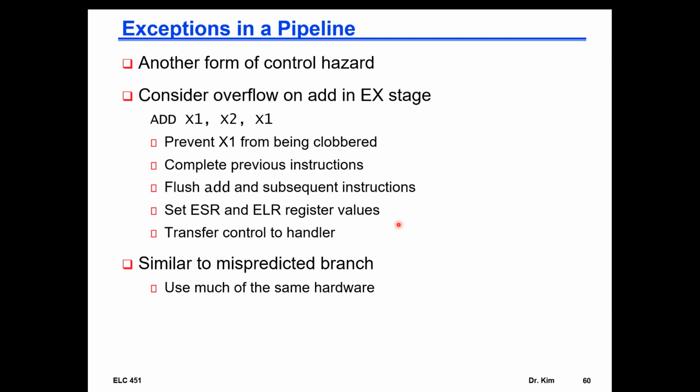So these exceptions, as I mentioned, are another form of control hazard. Let's say we consider an overflow on an addition instruction in the execution stage, where you are adding the contents of registers 2 and 1 and putting the result in register 1.